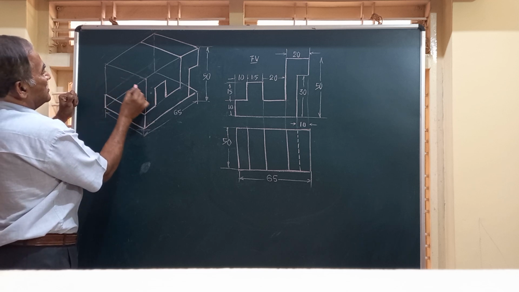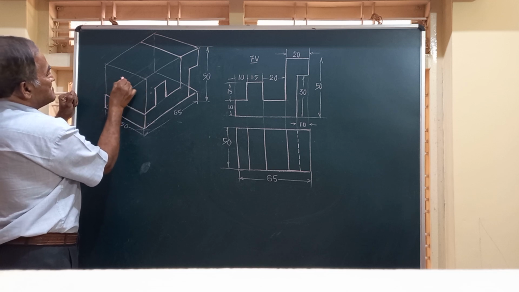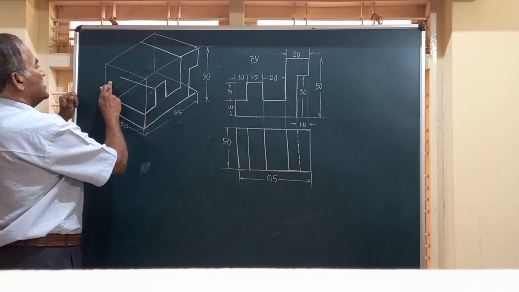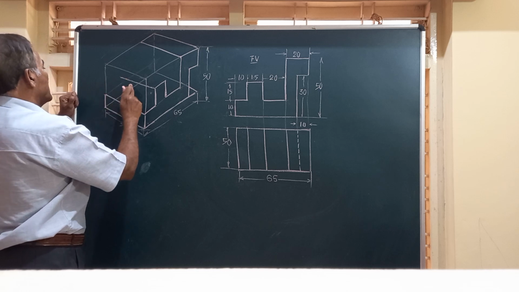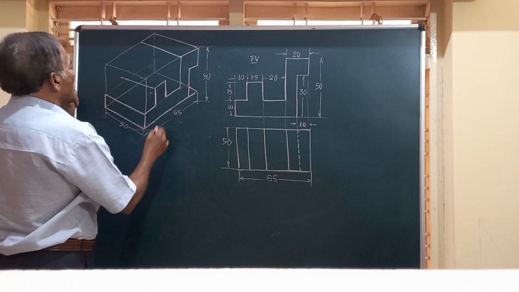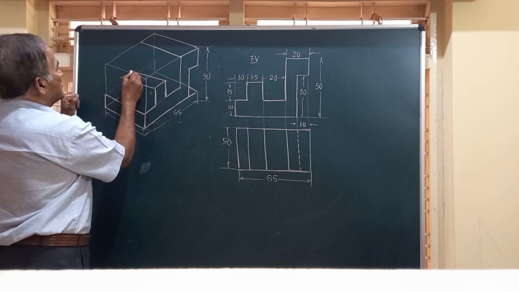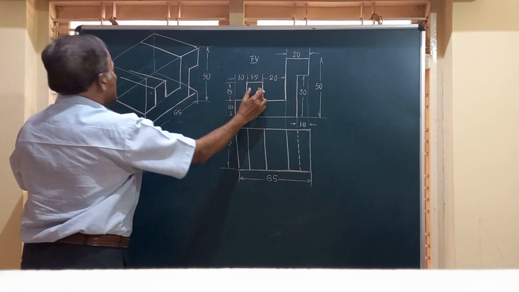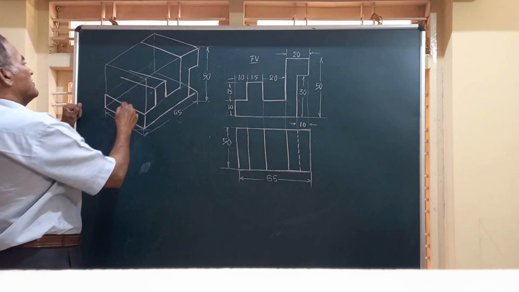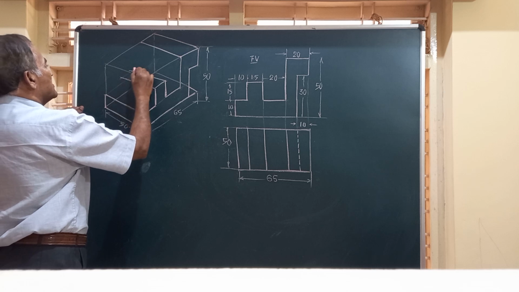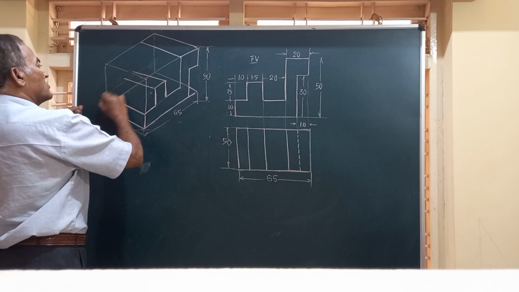So, friends, I will draw a line parallel to that, and having the same width. And again through this another line parallel to that. This width is equal to 15. Friends, I can just join them there. That will go up to here.